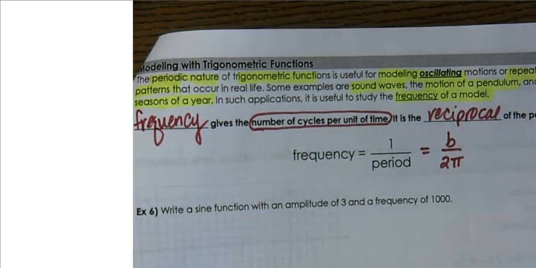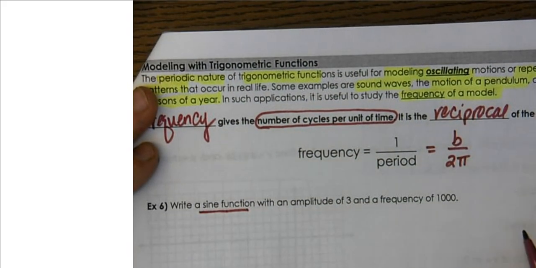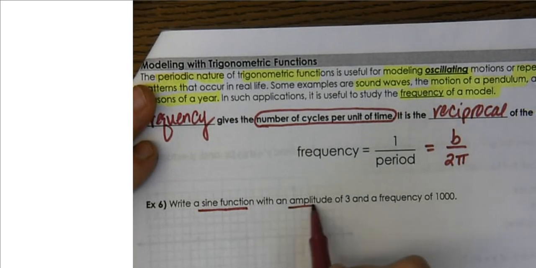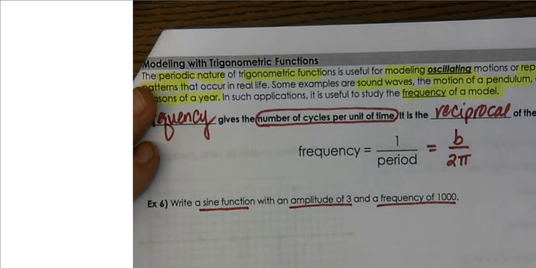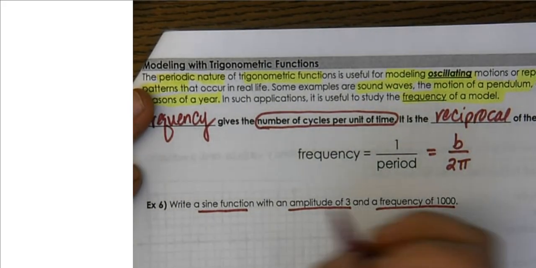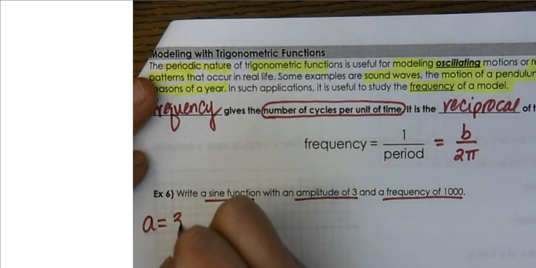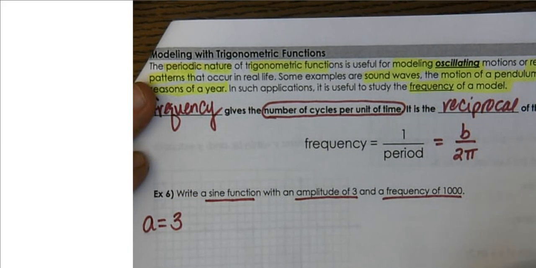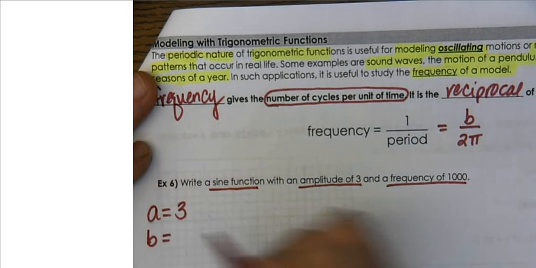So in example number 6, we want to write a sine function with an amplitude of 3 and a frequency of 1,000. So I know because my amplitude is 3, A is equal to 3. My frequency is 1,000, which means that I don't know what B is. That's what I need to find.